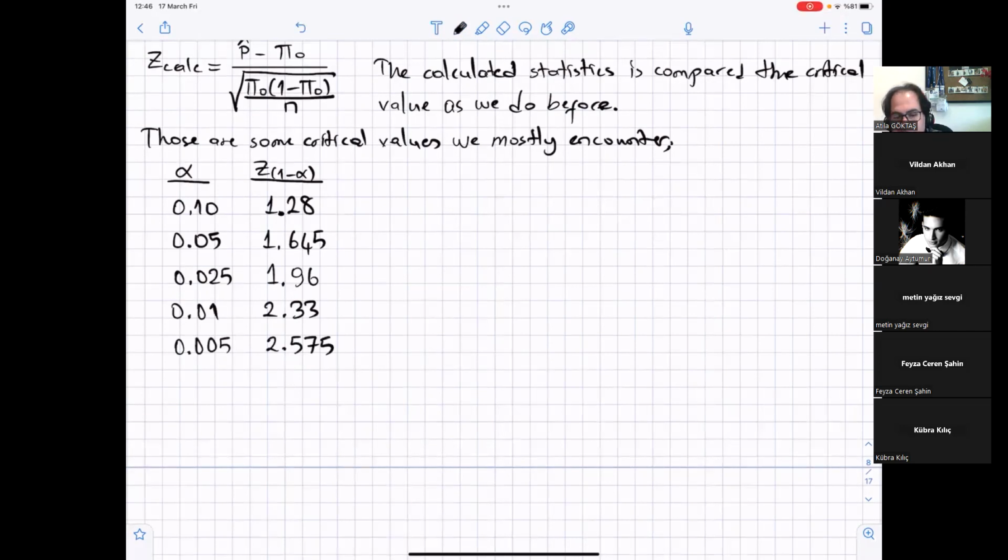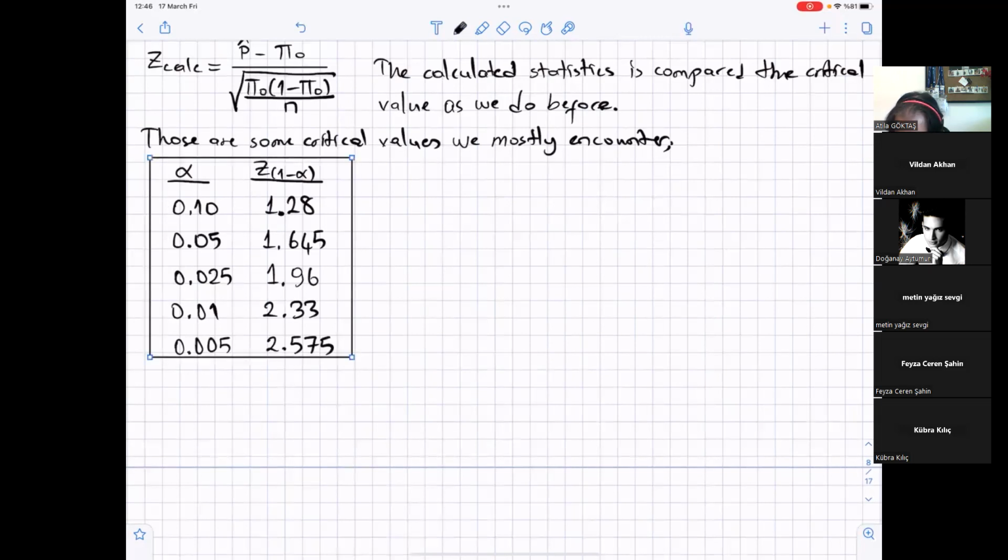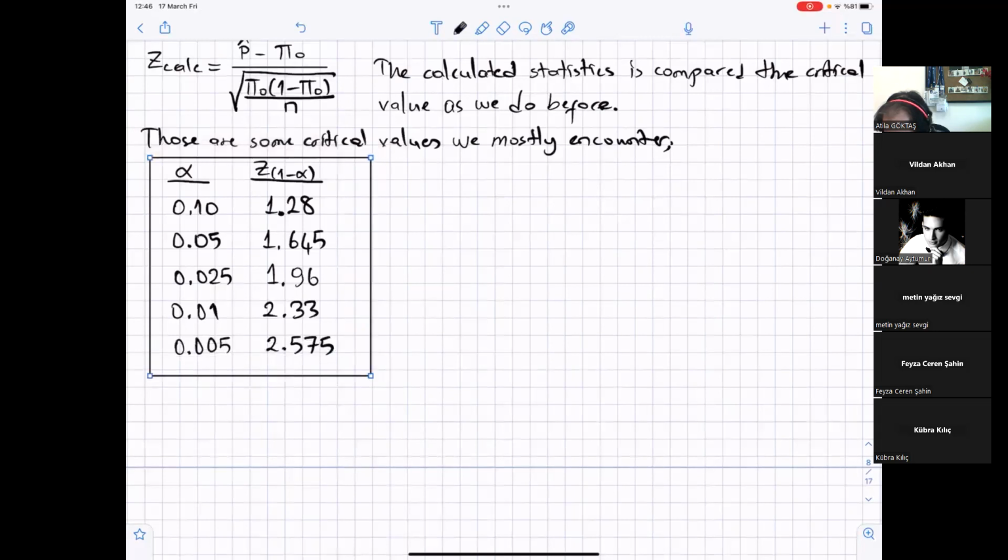Okay, if you know all these critical values, you won't need to use a standard normal distribution table anymore. Let me just box it.